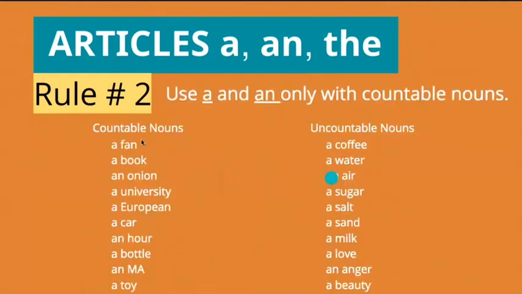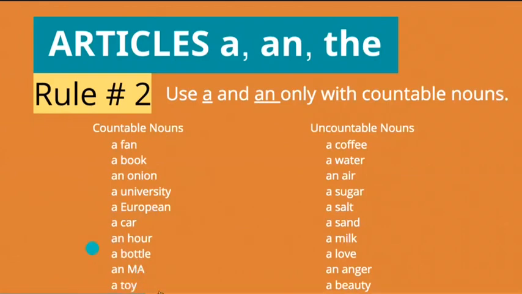Okay, so here we have your countable nouns and uncountable nouns. So again, applying the first rule: a fan, a book, an onion, a university, a European, a car, an hour, a bottle, an MA, a toy.